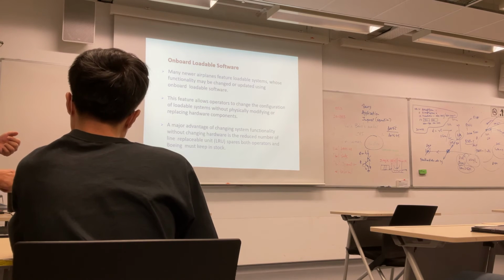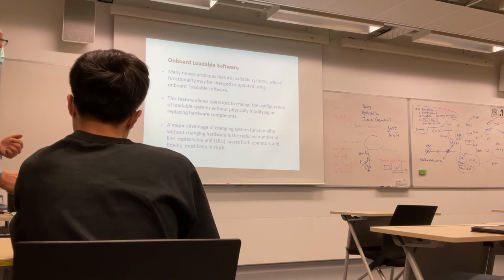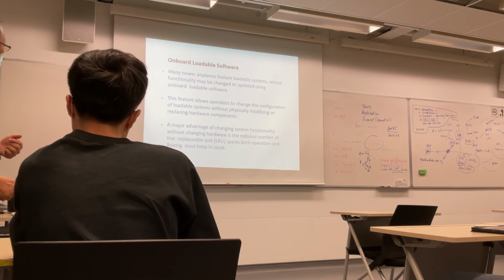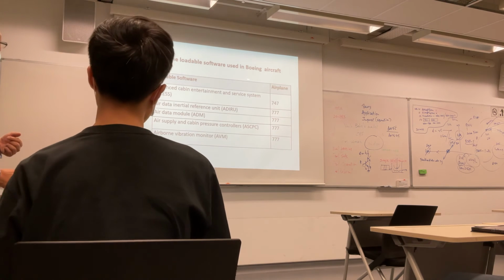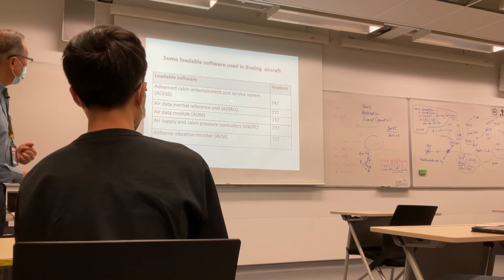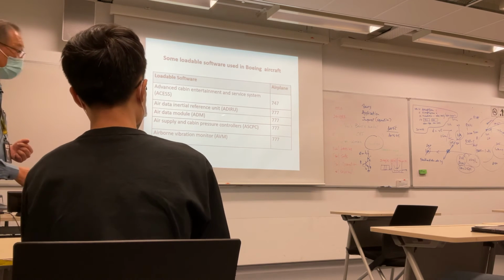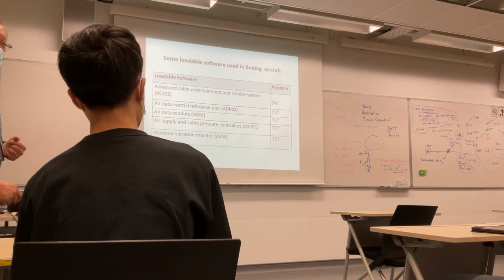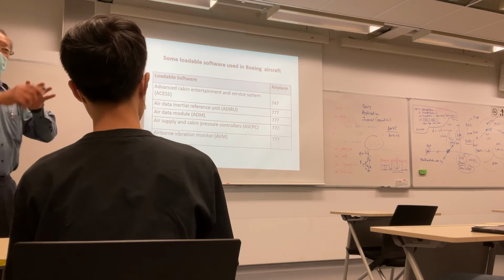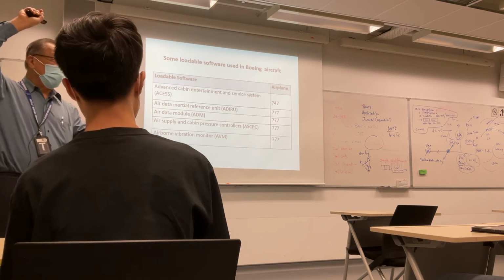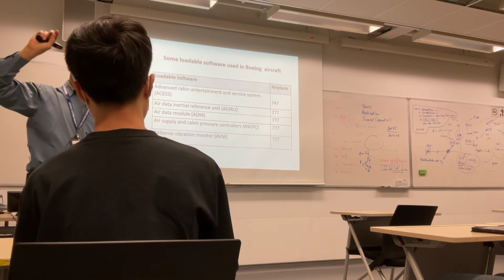So we mentioned to you onboard software loadable systems. Now this is the early days. Loadable software started in the early 747, the 747-400, called Access. Actually, it's a nightmare, because the cabin got so many configurations, like the lighting system and your in-flight services system.